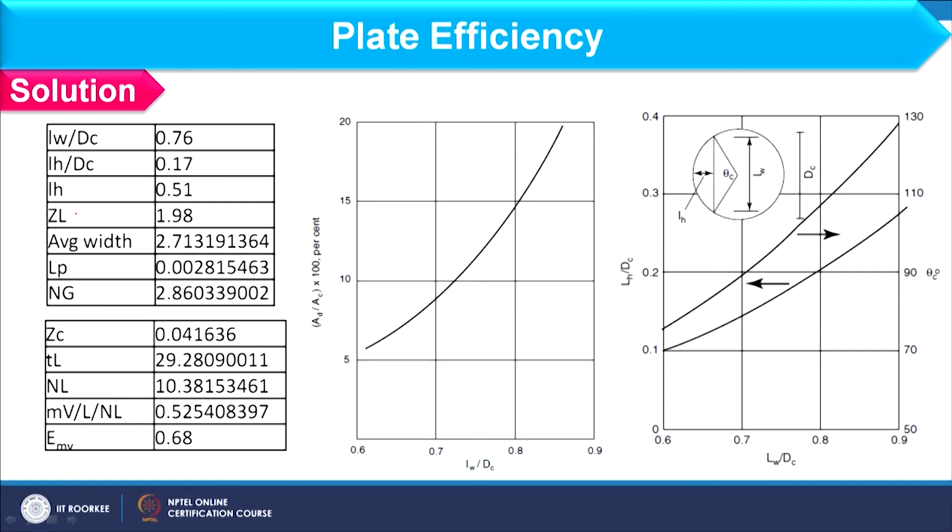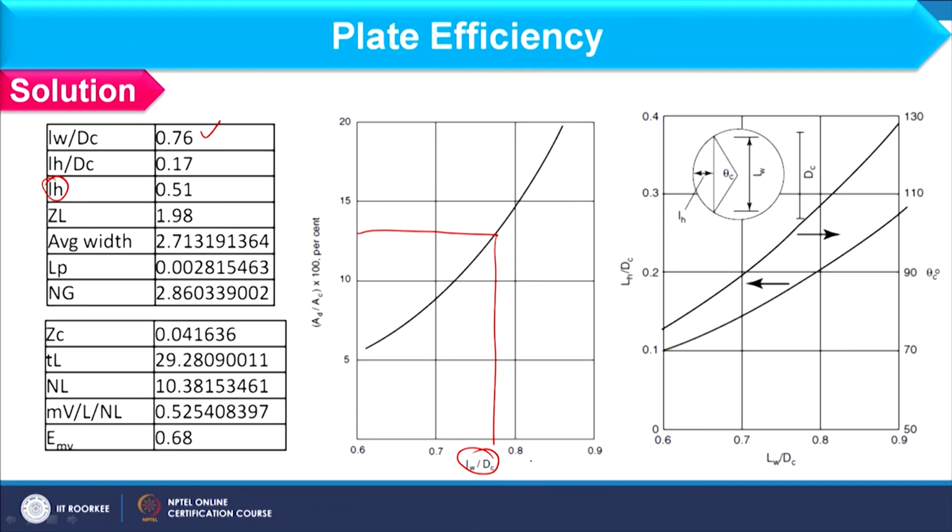How can I find ZL? I need to find out LH. If you consider the downcomer area is 12% of the column area, and if I consider this graph, here it is around 12%, and corresponding to this I can find LW by DC, which should come as 0.76.